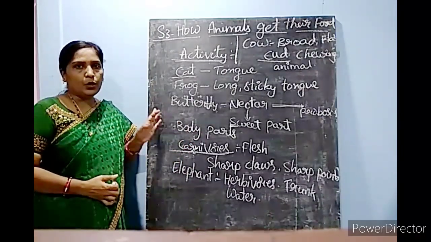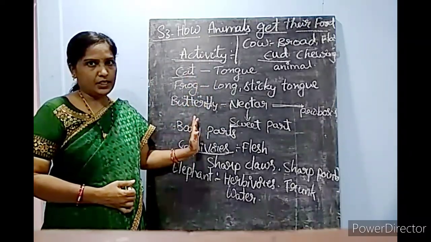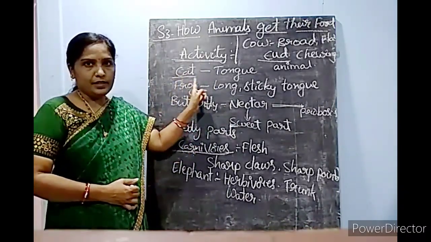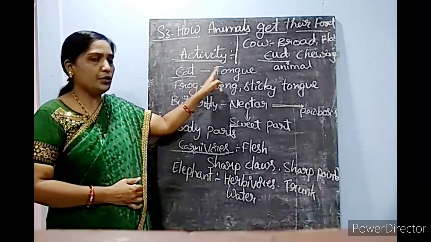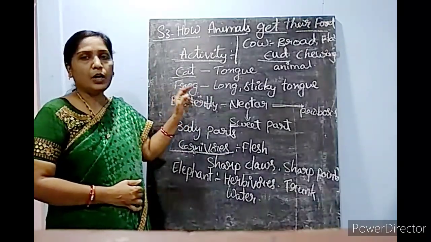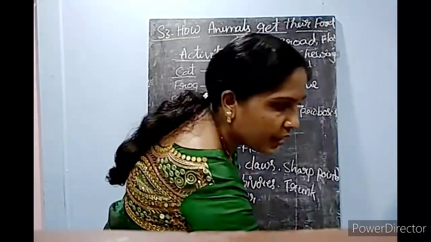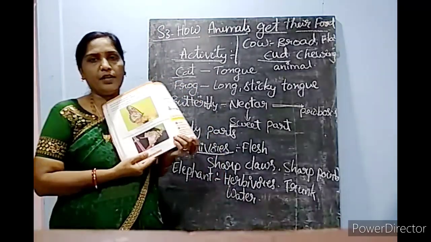Okay, then once we will revise what all we learned just now. How is the cat drinking the milk? The cat is using its tongue to drink the milk. And look at this picture in your content book. Beautiful colorful pictures are given in this.